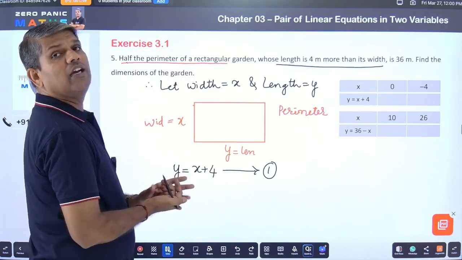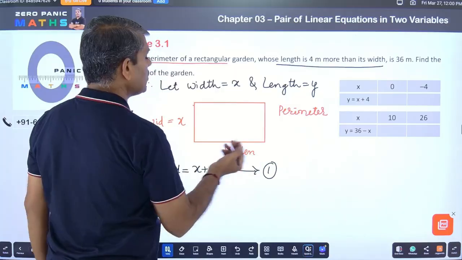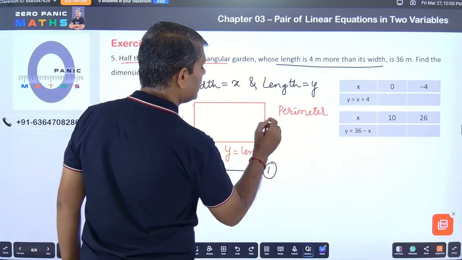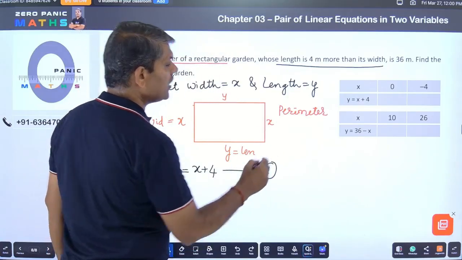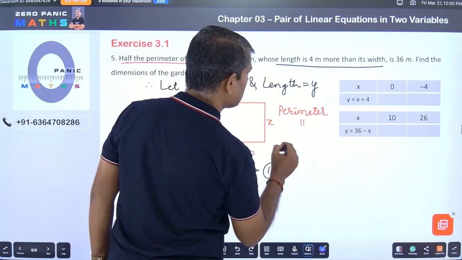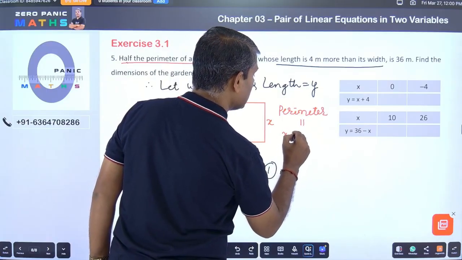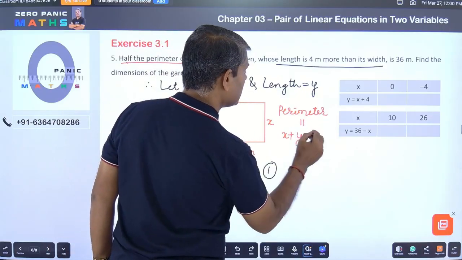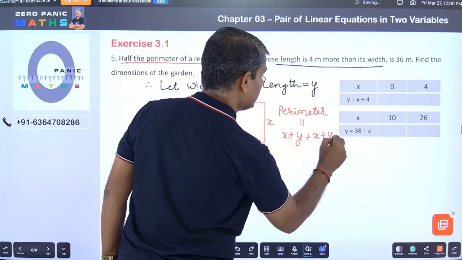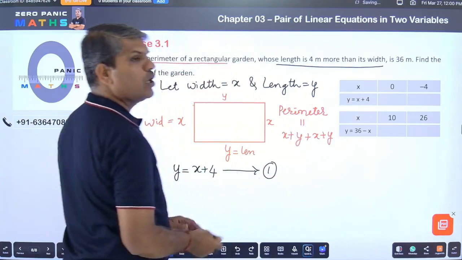This is x, and this is also x. If this is y, this is also y. So perimeter is equal to x plus y plus x plus y, that is actually 2x plus 2y.